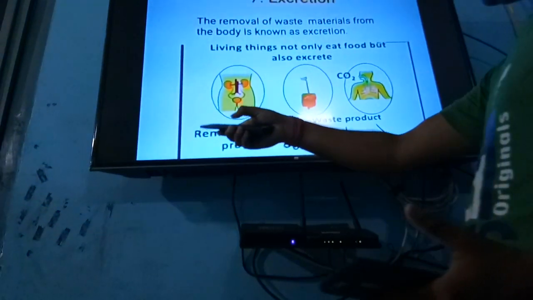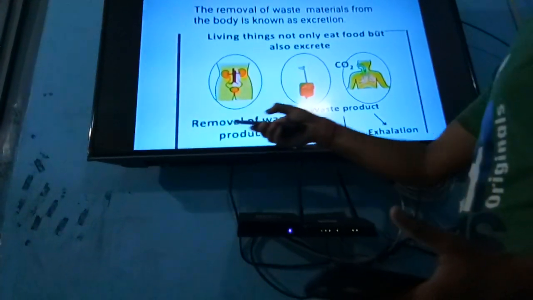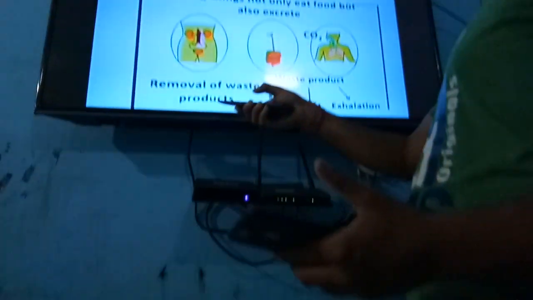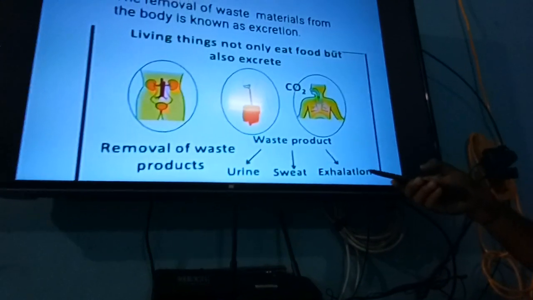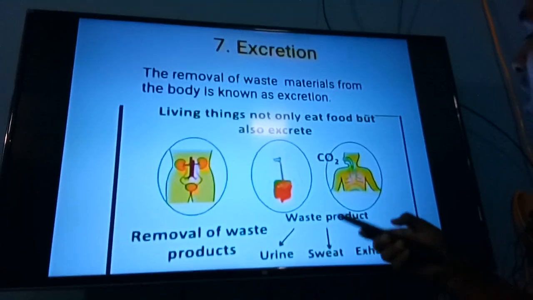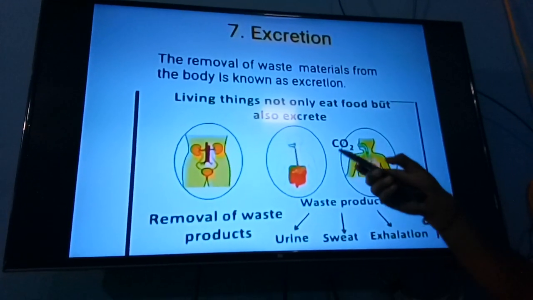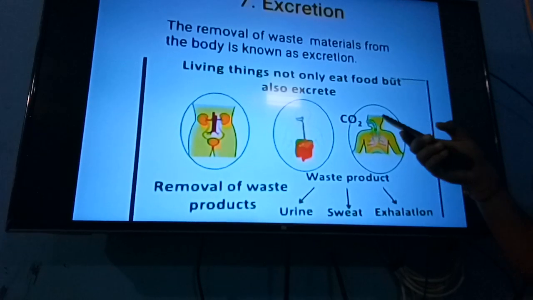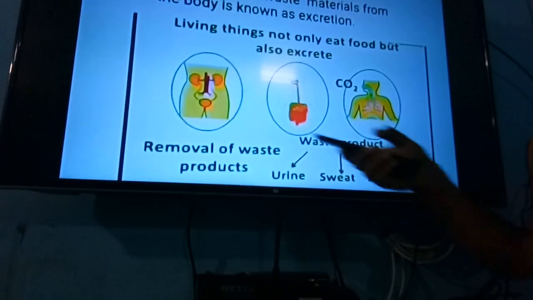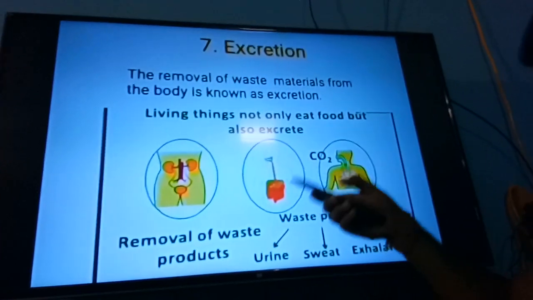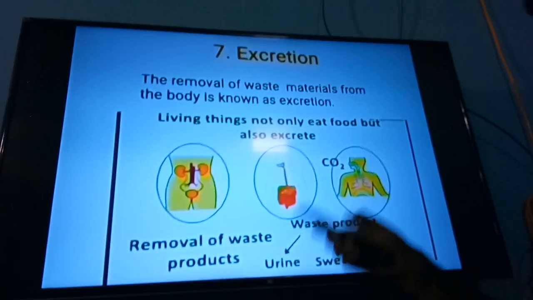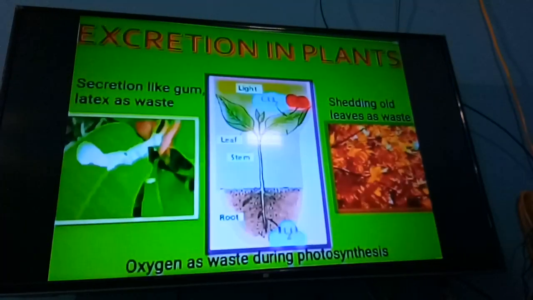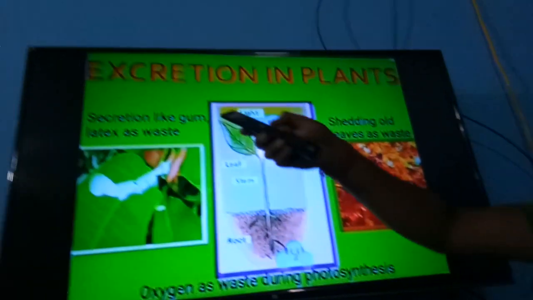You can see in this picture the removal of waste products: urine, sweat, and exhalation of CO2, meaning carbon dioxide, through the kidneys, stomach, and lungs. They excrete their waste materials.